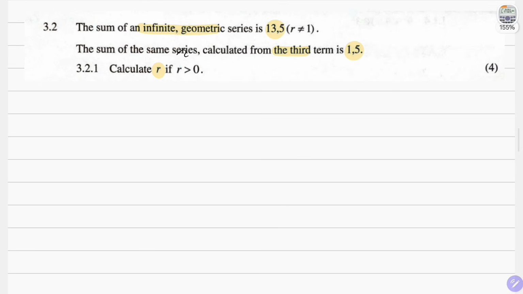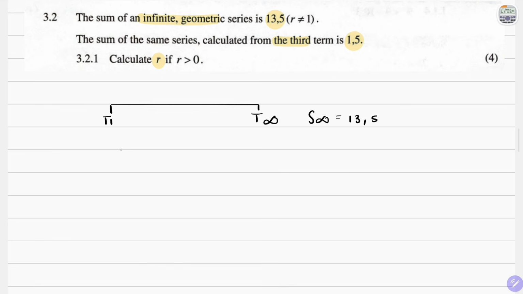Let's look at the information they've given us. The sum to infinity of a geometric series is 13.5. So this is starting at term 1 all the way to term infinity. As we keep going, that sum is equal to 13.5.